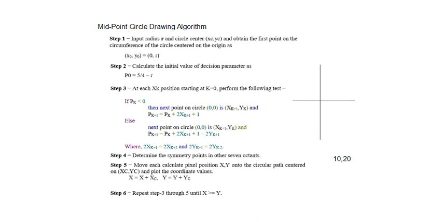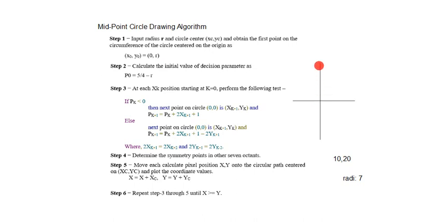If (0, 0) is the center, and suppose the radius of the circle is 7, then the point will be (0, r), where 0 is x and r is y.